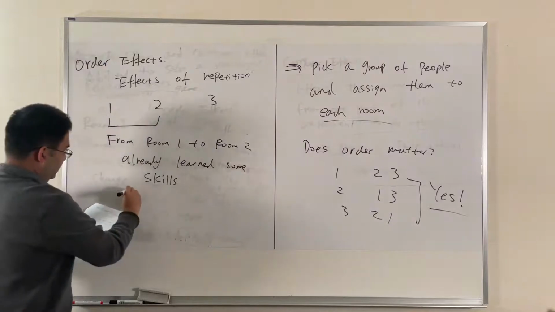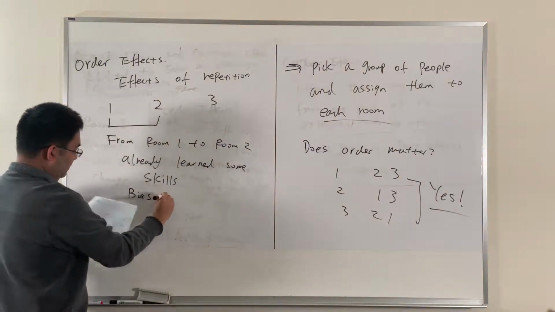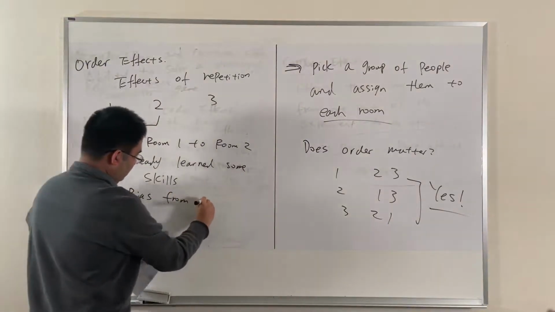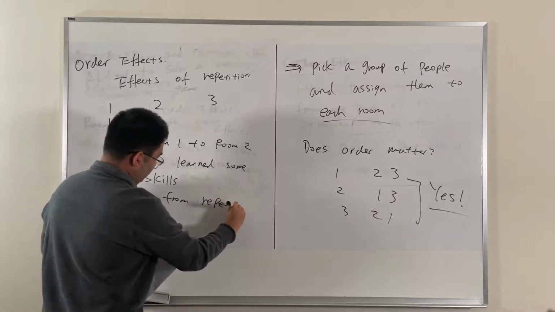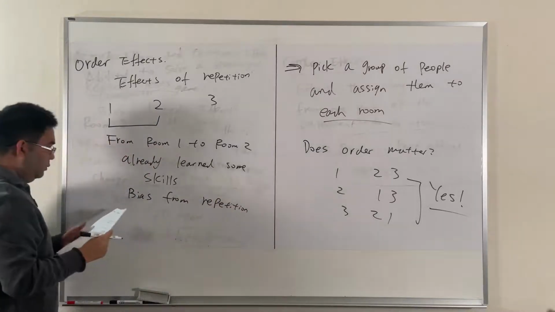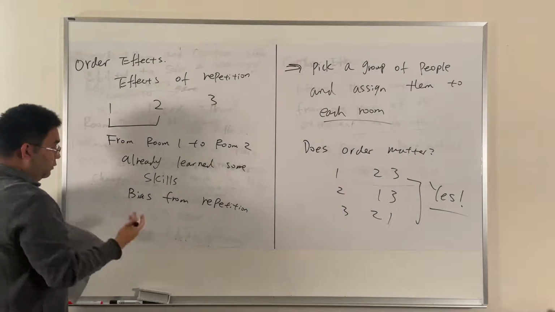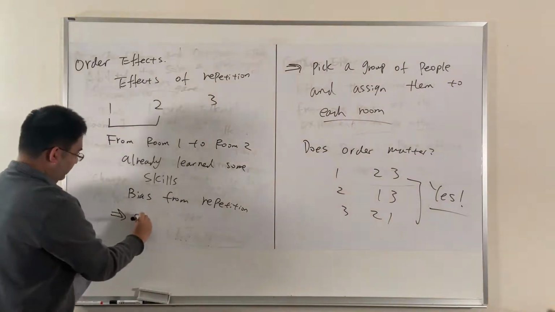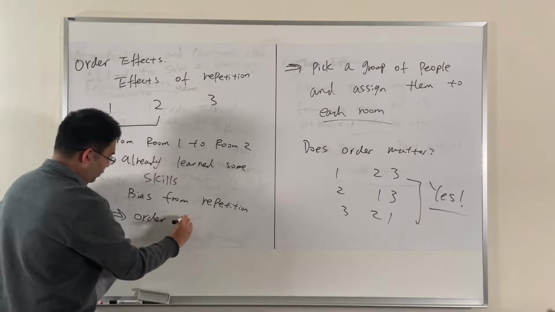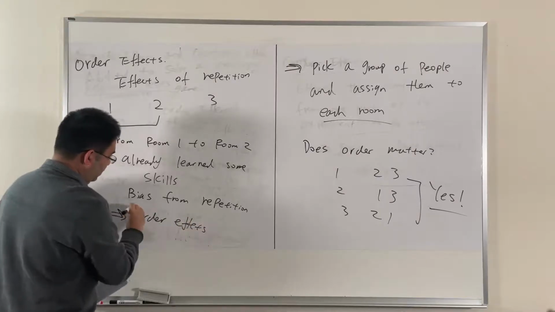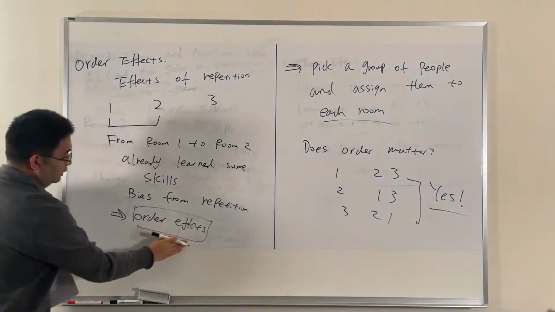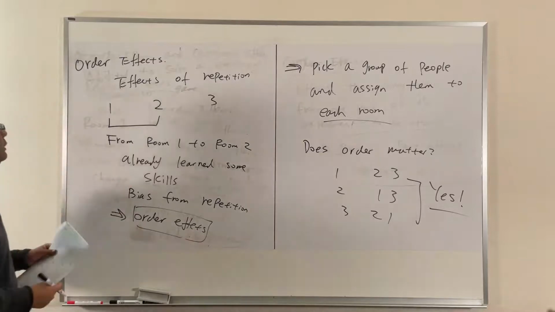This is what we call bias from repetition, and therefore this is our order effects. Order effects is just based on you repeating the experiment.